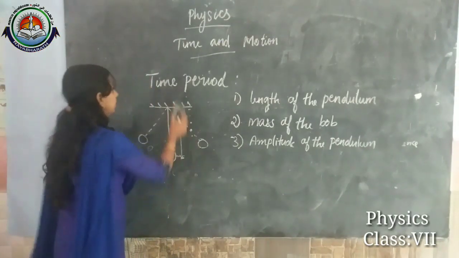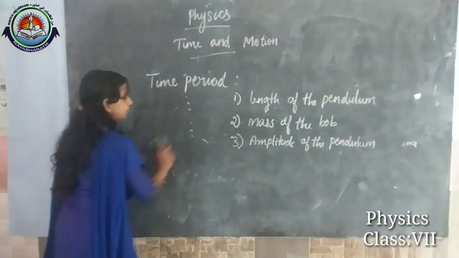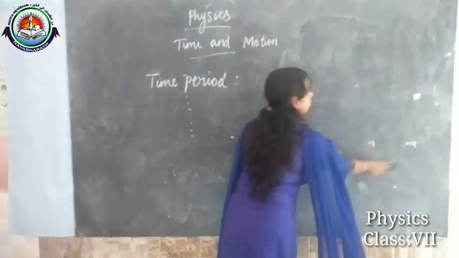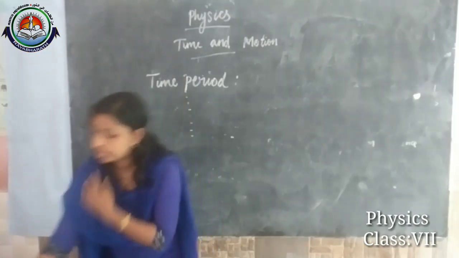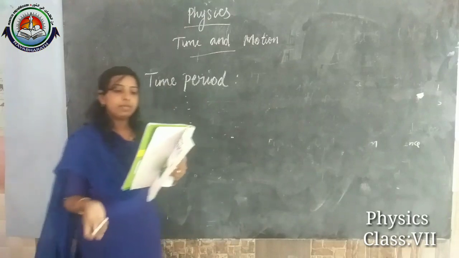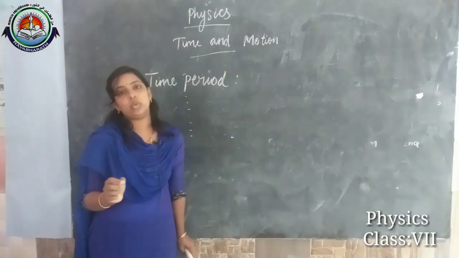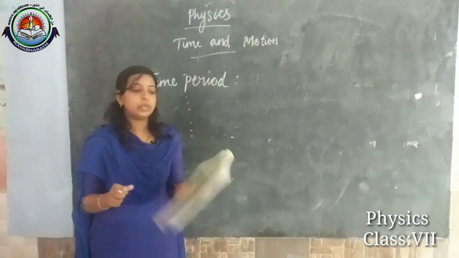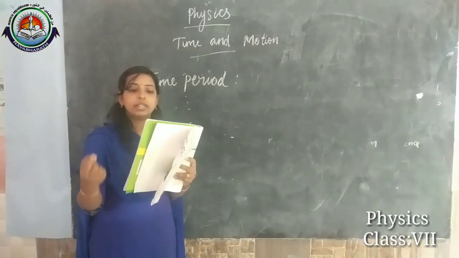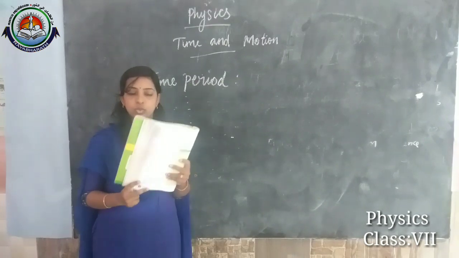Okay, we can explain one problem from your textbook. From your textbook you can see example 1: a simple pendulum takes 32 seconds to complete 20 oscillations. What is the time period of the pendulum?